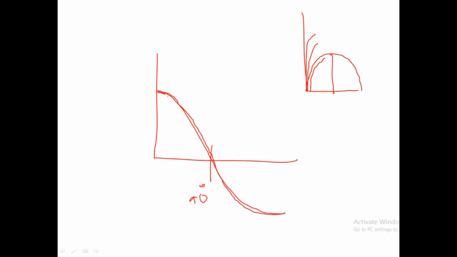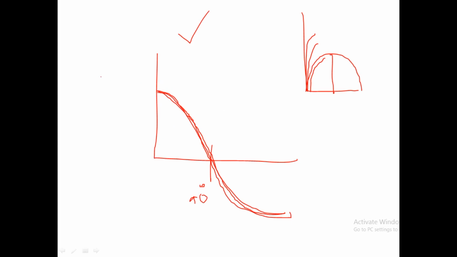But here, at every point, whenever delta increases, it is inversely proportional. That means the possibility of losing synchronism increases as delta increases, which we can clearly see from here.